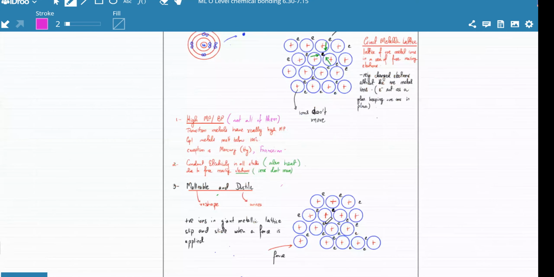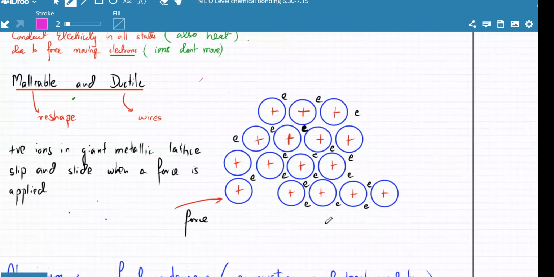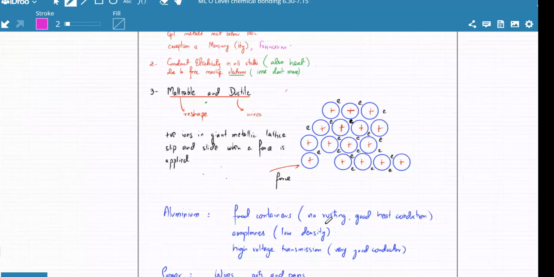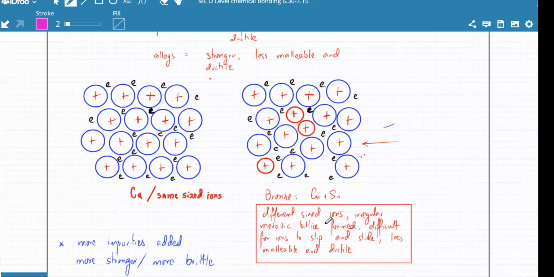So that's a pure metal, and because the ions were regularly arranged, you hammer it and the ions can sort of slip and slide, right? But when it comes to an alloy, it's a mixture of metals. So it's exactly the same structure except for one difference, that now the atoms have different sizes.